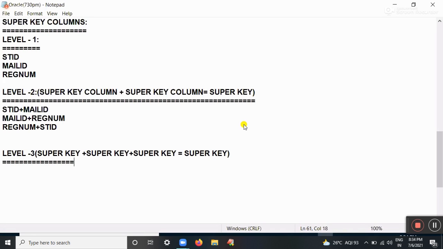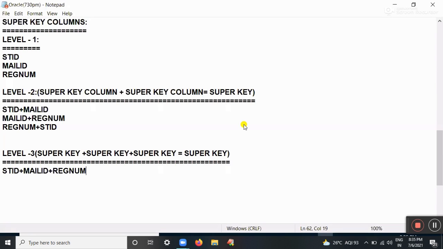Now can I say student ID plus mail ID plus registration number, a combination of 3 super key columns, can I say super key again?